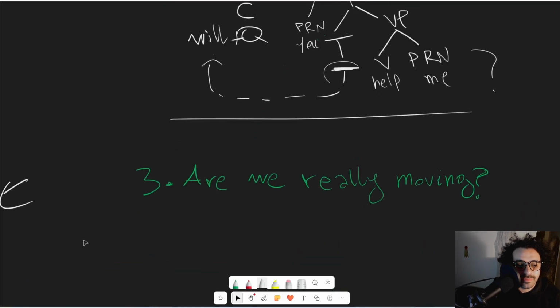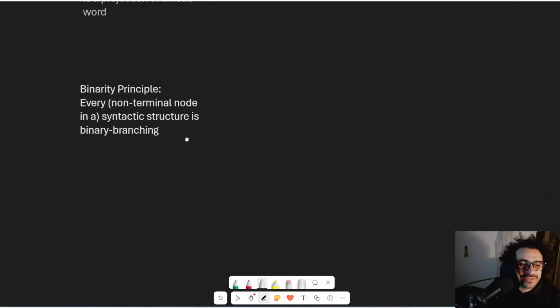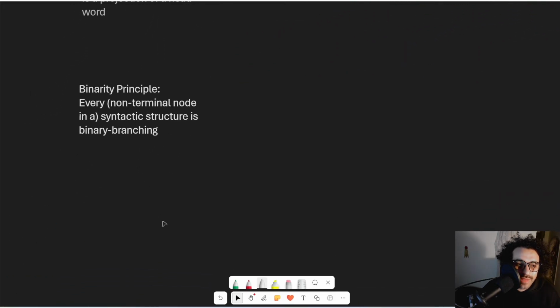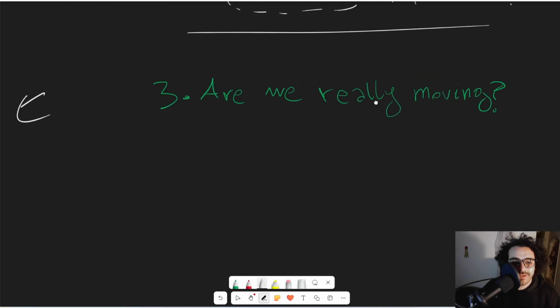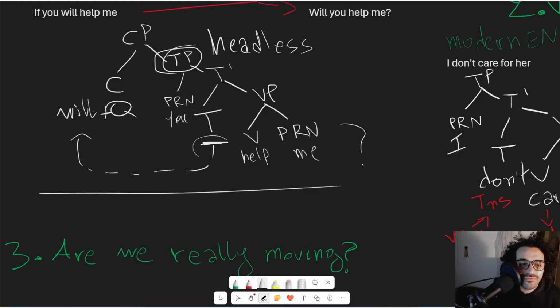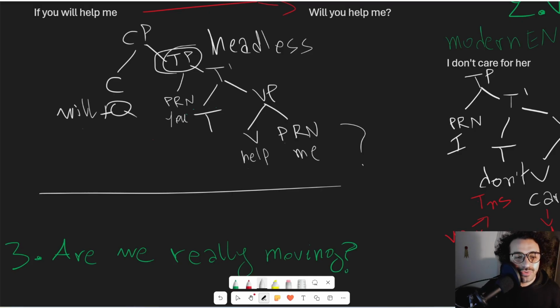The second principle, which goes along the same line, is the binarity principle. Every non-terminal node in a syntactic structure is binary branching. So what we're saying here is that if we move the head here, then the binarity is not there anymore. And by binarity, every node is split into 2, as you can see, except for the terminal nodes, the last ones where the sentence ends.